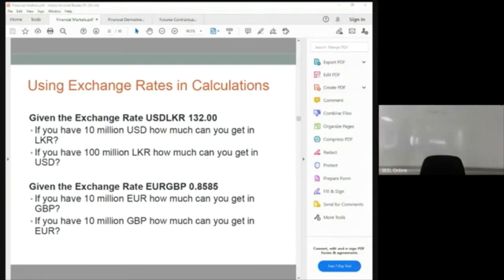So based on what we discussed last week, dollar is the base currency. Rupee is the counter currency. And this is a direct quote. It says $1 in terms of rupees is 132. The exchange rate is more than 1, so the base currency is strong. So that's a bit of a recap from last week.